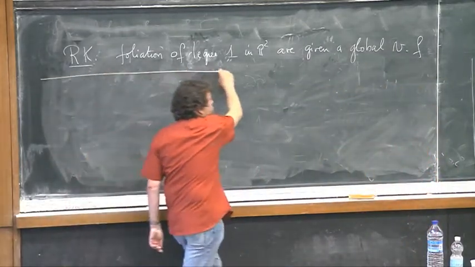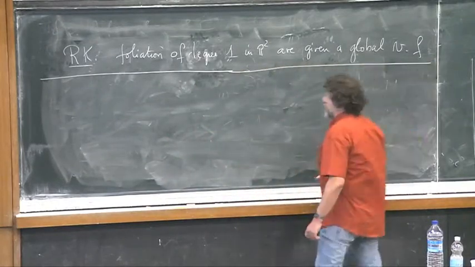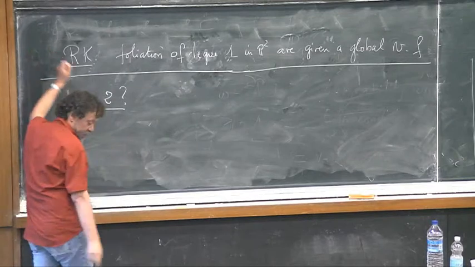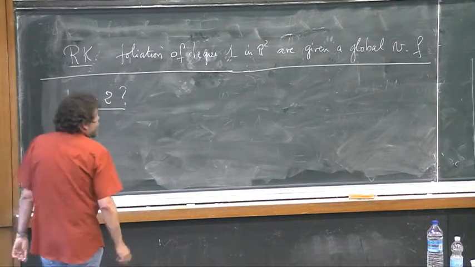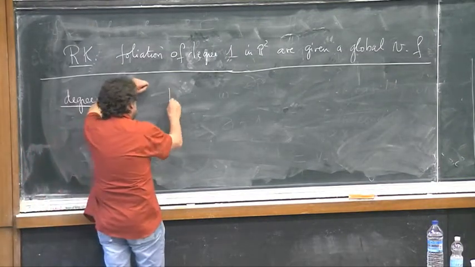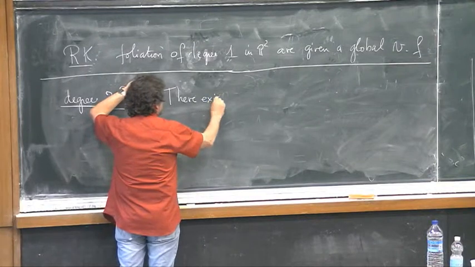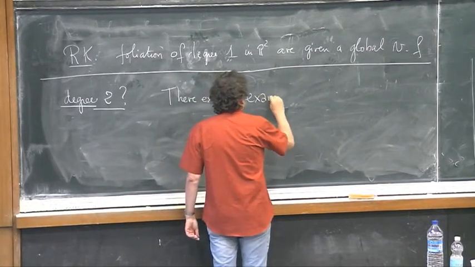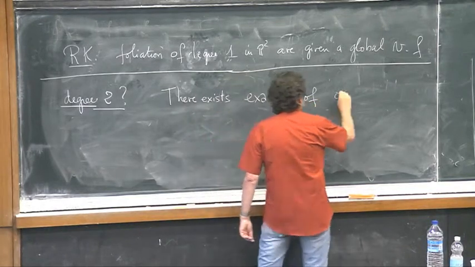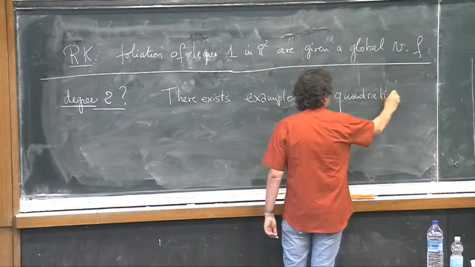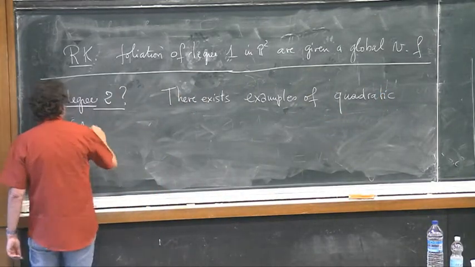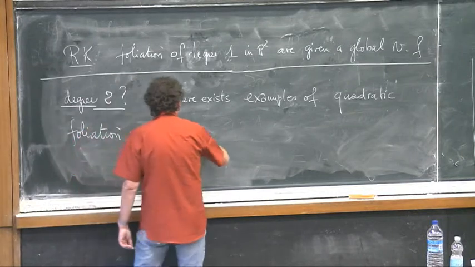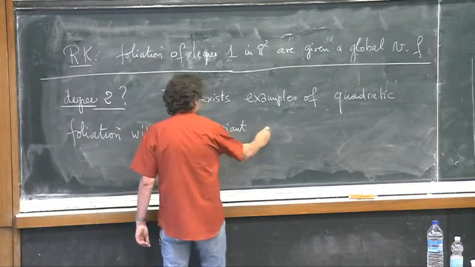In degree 2, we don't know anything. What we know is that there exist, and you have the example in the notes, examples of quadratic foliations of degree 2 without invariant algebraic curve.